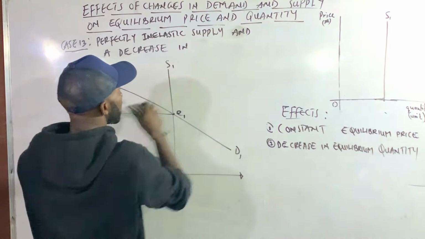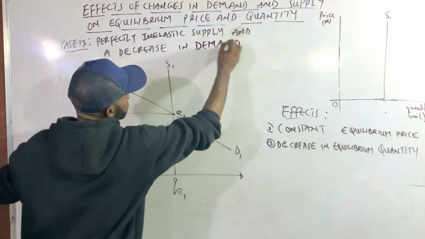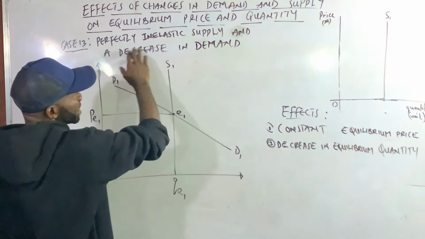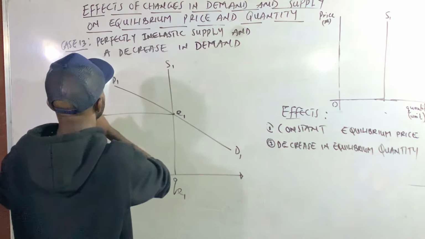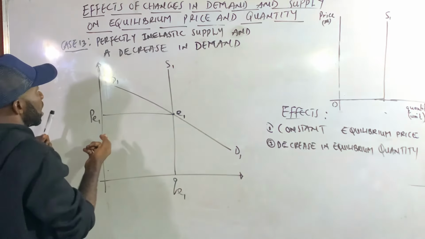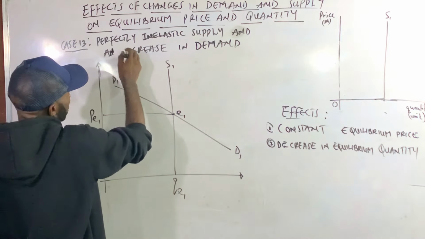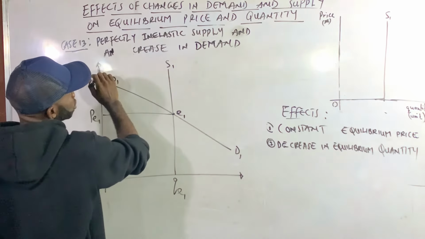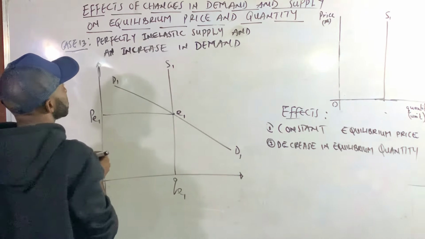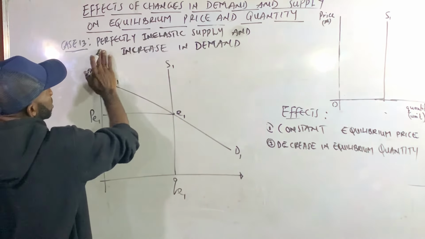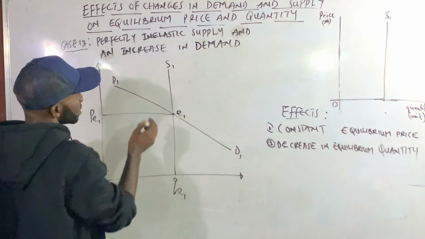Perfectly inelastic supply, and a decrease in demand. Well, I would have preferred we consider an increase first so that we can follow the trend that we have always followed from the origin. So let's go with an increase instead. An increase in demand. That's a good idea.